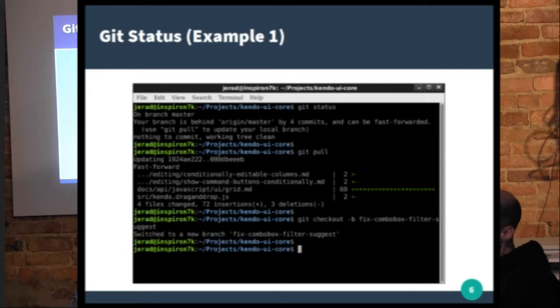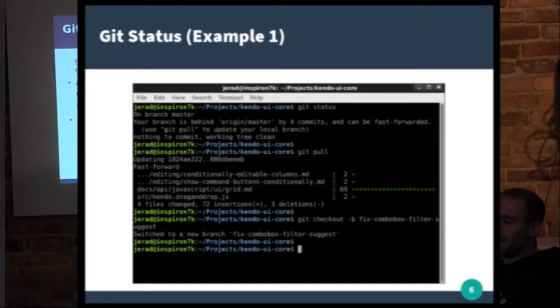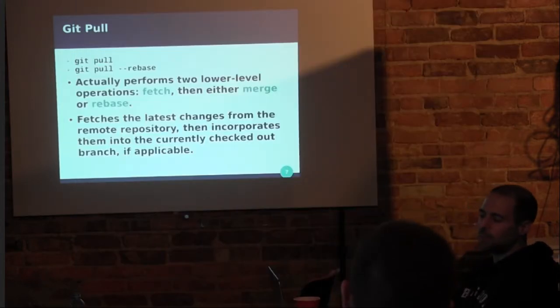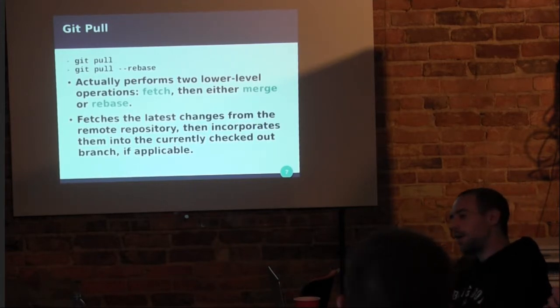So here's another explanation of the second thing that we did, git pull. There's another form of git pull, which you can run by adding two dashes and the word rebase. At the very end of the presentation, we'll cover merge and rebase a little bit. But what you should understand about git pull is it actually performs two operations when you run it.